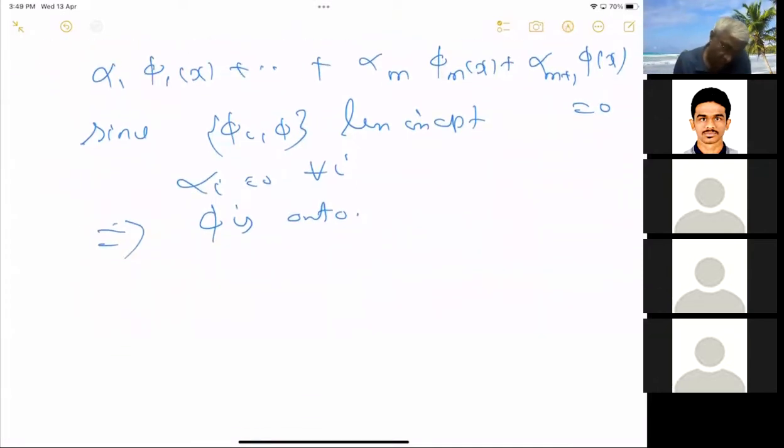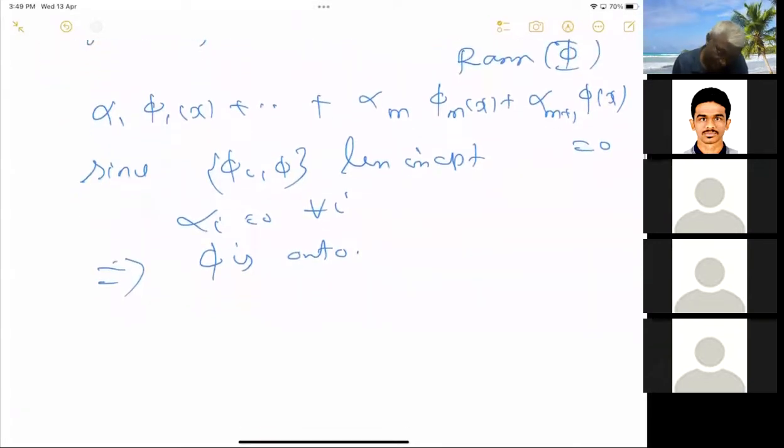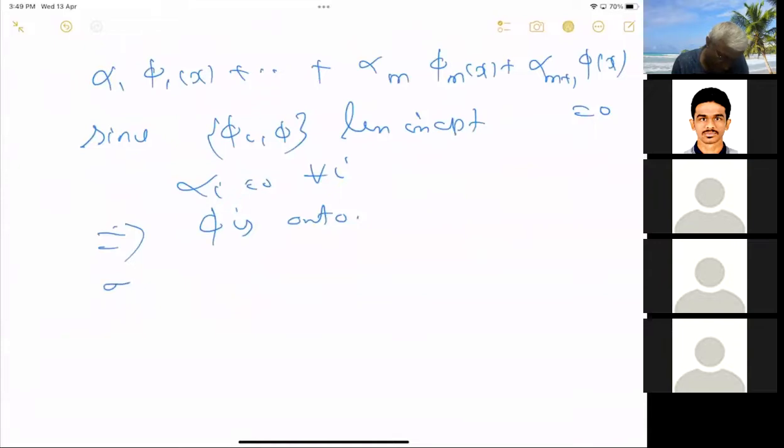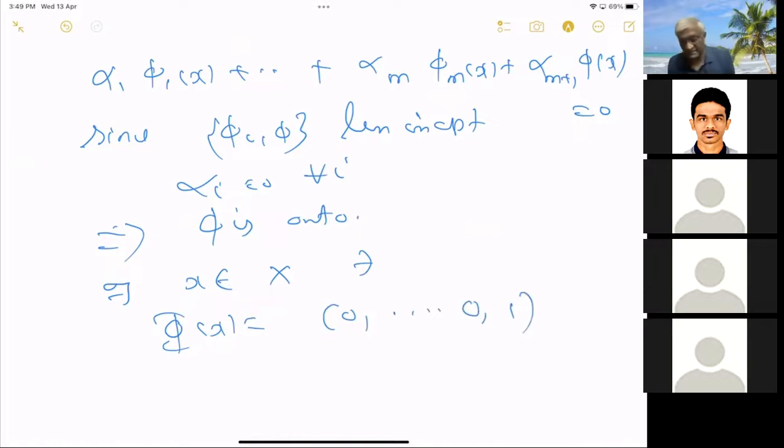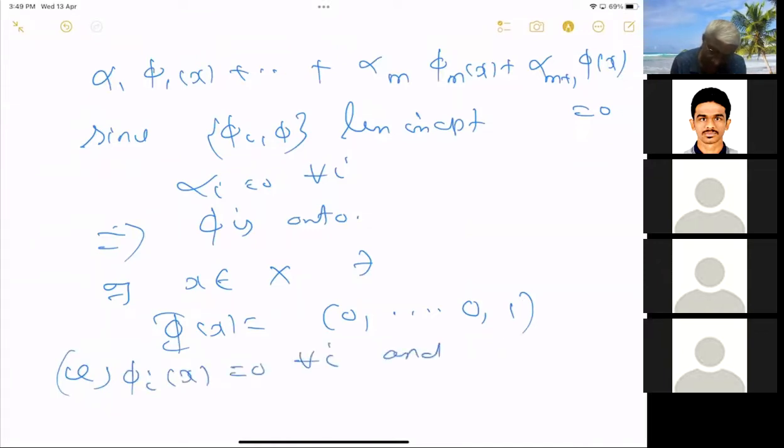Since phi is onto, there exists an x in X such that phi of x equals (0, 0, 0, and 1 in the last place). That is, phi_i of x equals 0 for all i, and phi of x is not equal to 0.